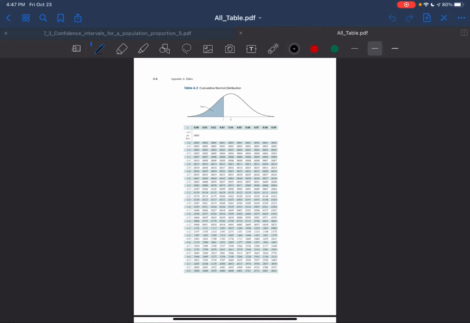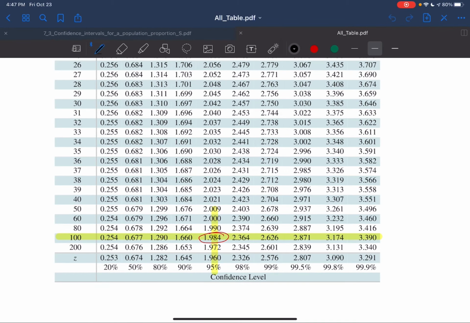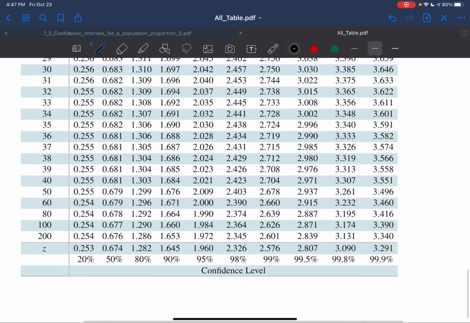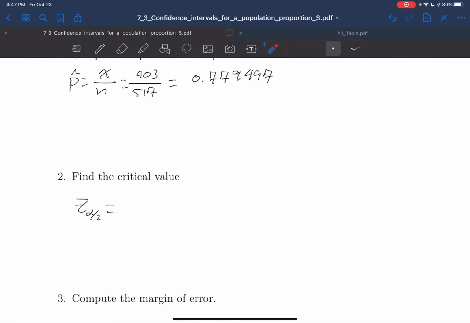If we go down to a 95% confidence level, we can find the corresponding critical value, our z value, of 1.960. And since this is a standard normal curve, we can use the z value. So this is just 1.960 or just 1.96.